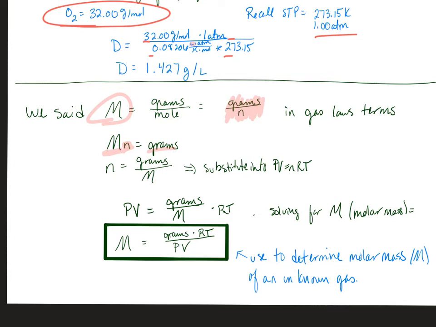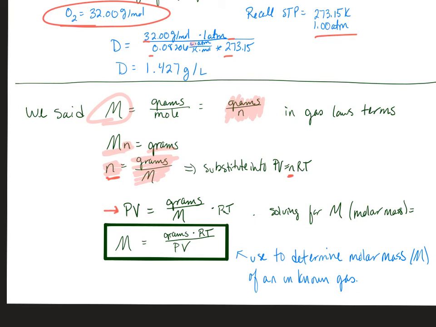Well, if that's true, I can solve for n and say that n is grams over big M. And then we can substitute this into PV equals nRT. And essentially what you end up with is that PV is equal to grams over molar mass times RT.